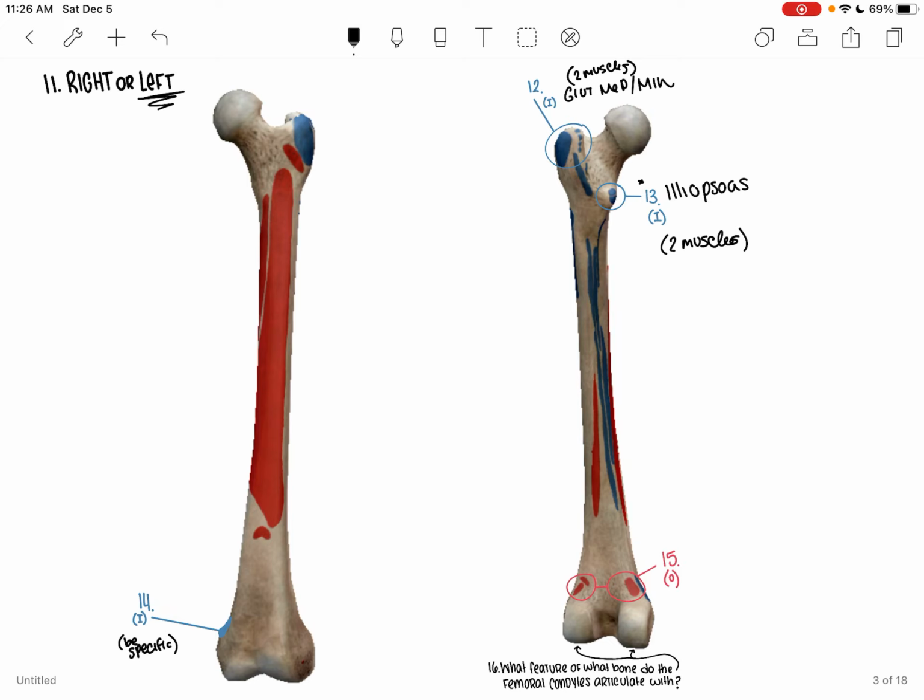If it just asks for one, then the combined name is fine. Number 14 down here is looking for a very specific muscle that is inserting at the adductor tubercle, and that's going to be the adductor magnus hamstring part.